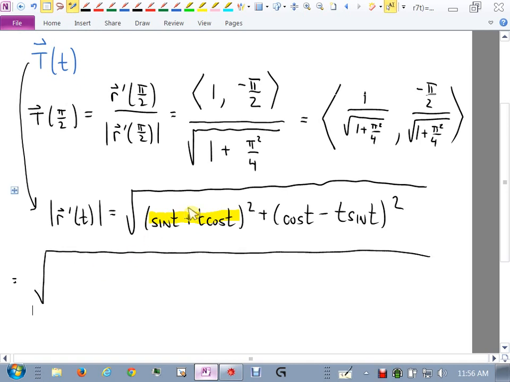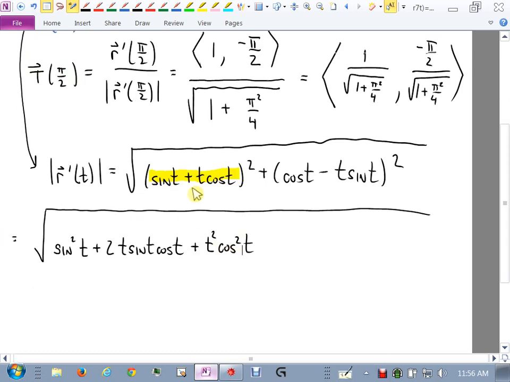When you square that, I'm not going to show the work, you should get sine squared t plus 2t sine t cosine t plus t squared cosine squared t. That means FOIL it all out and collect like terms. You should get this, right?